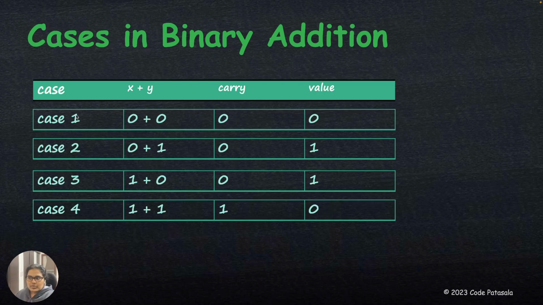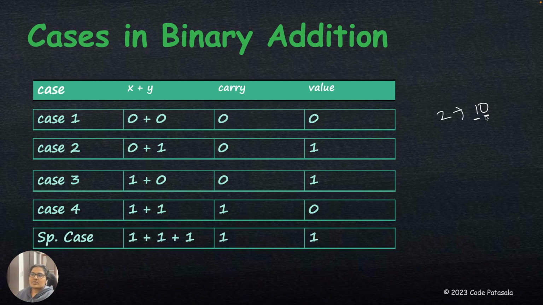If it is 1 plus 1, 1 plus 1 is 2. There is no 2 in binary notation. So how is 2 represented in binary? 2 is nothing but 10 in binary, which means 1 is carry and 0 is the current place value. There is one extra case, which is when there is a carry of 1 as well, when we will perform 1 plus 1 plus 1.